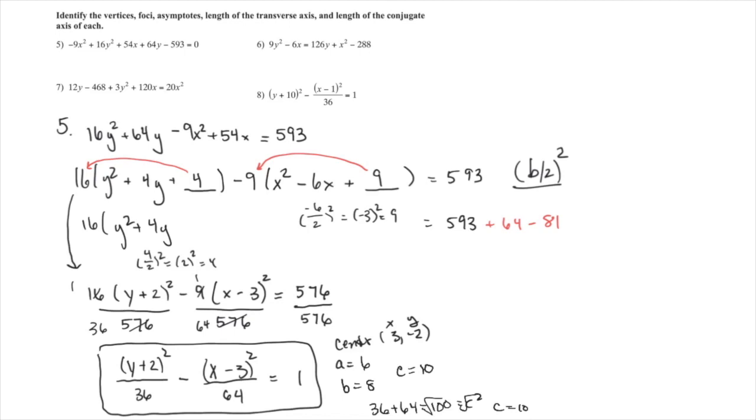Now, when it comes to identifying the foci, the asymptotes, the length of the transverse axis, and the conjugate axis. When it comes to finding these, there's a couple things that are really easy. Foci and the asymptotes.